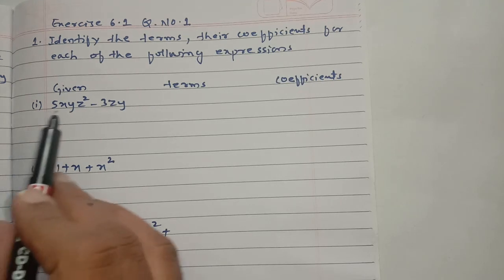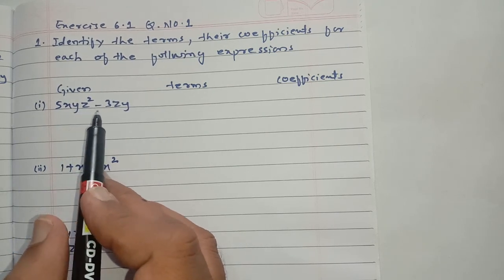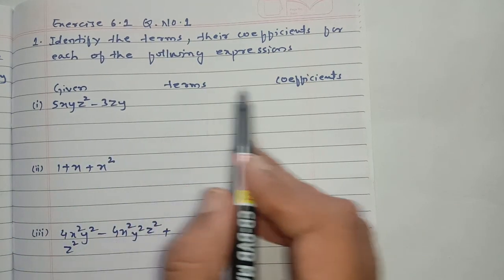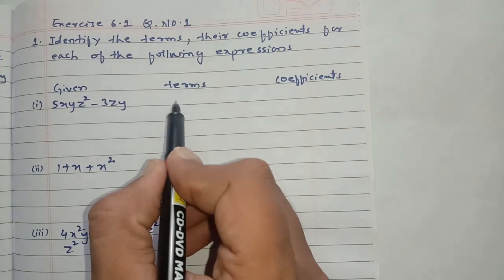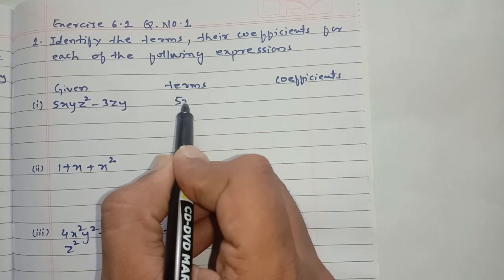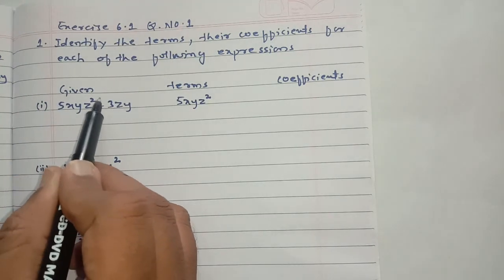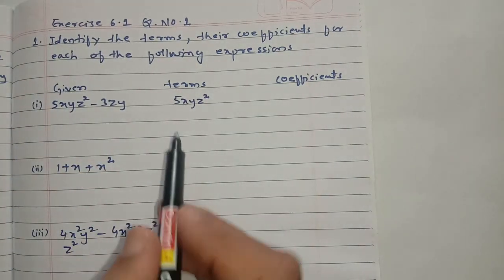Let's start. This is the first question. It is given in the reader. Here we have to write terms and coefficients. I am writing. Two terms are given. One term is 5xyz square. This whole value is considered as one term, student.